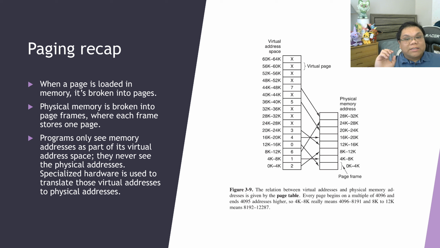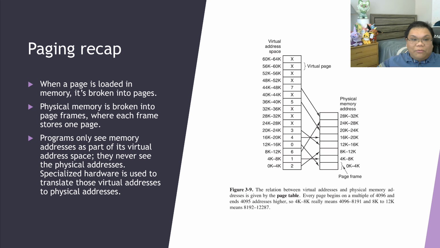That address space is cut up into pages, and they are loaded into page frames. Physical memory is cut up into page frames. The virtual address space is cut up into pages. 1 page per frame. We load pages as they're needed.